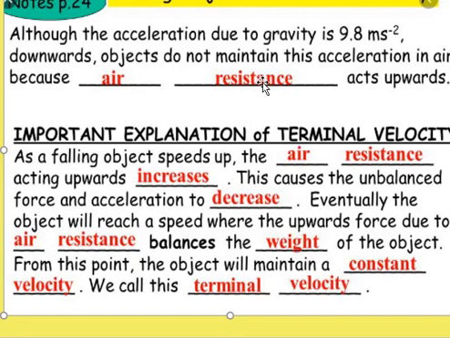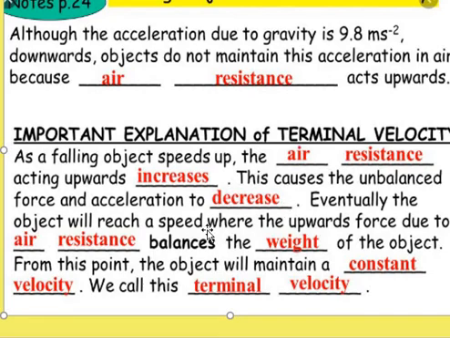And as an object speeds up, the air resistance acting upward increases. It's acting upwards, but it doesn't mean the object travels upwards. And this causes an unbalanced force, so acceleration decreases. It slows down. The object stops falling as fast as it normally does.